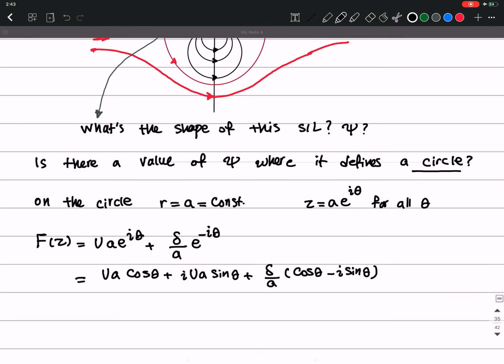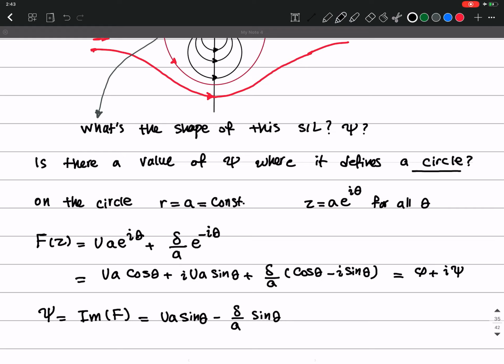Okay, so now I can separate the imaginary and real part. So psi is going to be the imaginary part of this complex potential, because again, F equals phi plus i psi. This is just a definition of F. So it's going to be U a sine theta minus delta over a sine theta.